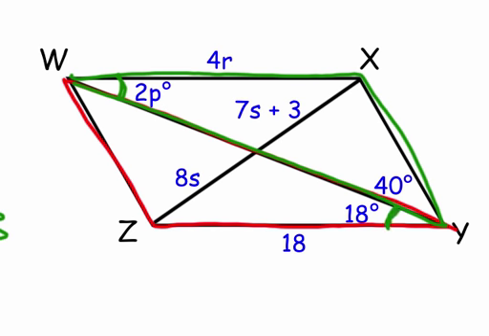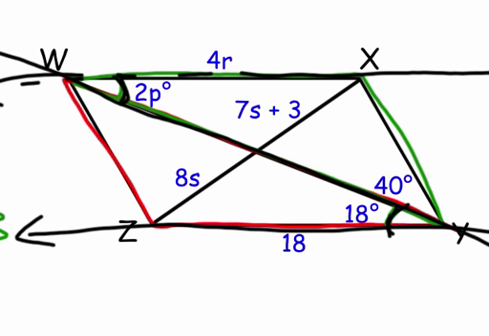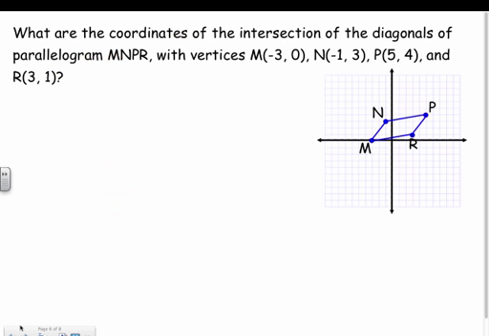Because if I think of parallel lines here, if I have a parallel and a parallel cut by the transversal going through the middle, aren't those alternate interior angles? Alternate interior, so I know they're equal. So I could set 2P equal to 18. So we've got to use some information there. Don't just take a guess at it. So I know that P equals 9. Let's really think about it.